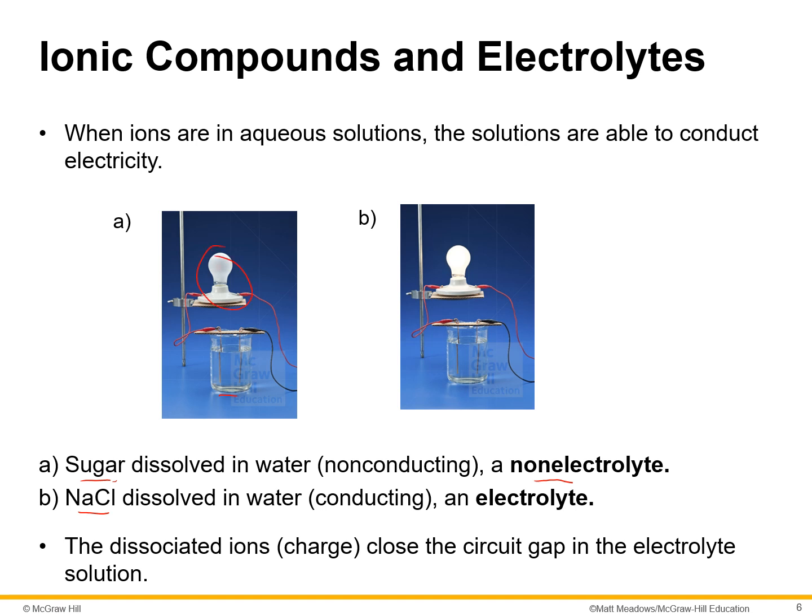This is for A. And what we wanted to say is that the dissociation of ions closes the gap and makes a circuit. So again, the sugar does not, because it is a non-electrolyte, and the sodium chloride does, because as we said earlier, when you put sodium chloride in water, it breaks up into ions.